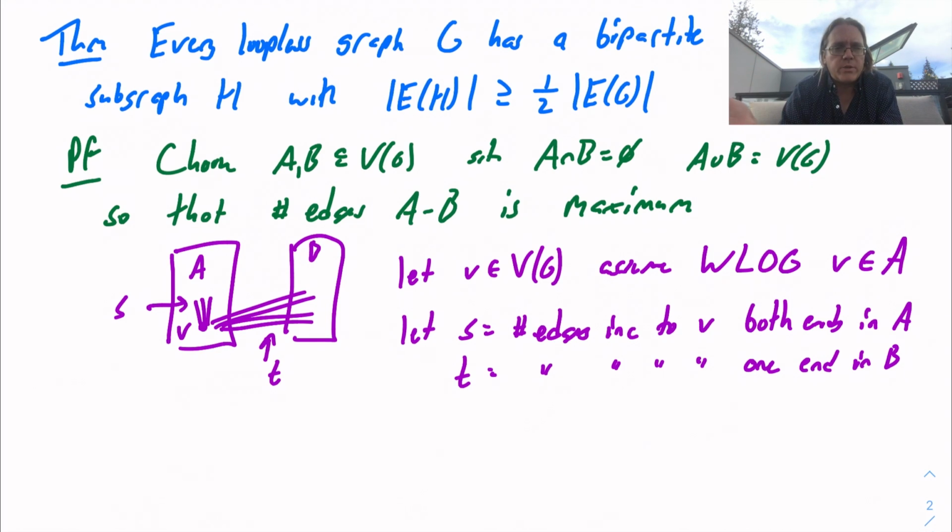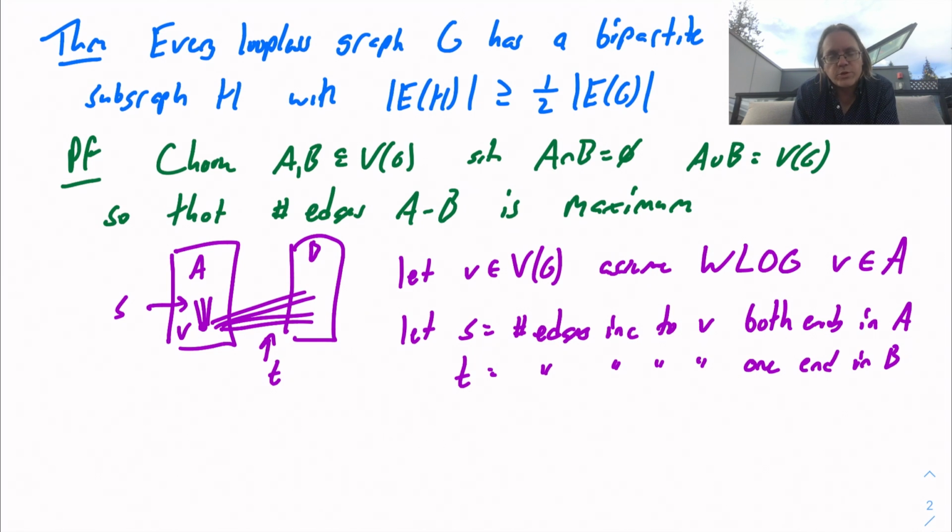And that's all well and good, but you have to be able to take advantage of that fact. Maybe that has enough edges, maybe it doesn't, but you have to prove something. And in order to prove something, we have to consider trying to take this choice that's supposed to be the best and modify it, right?